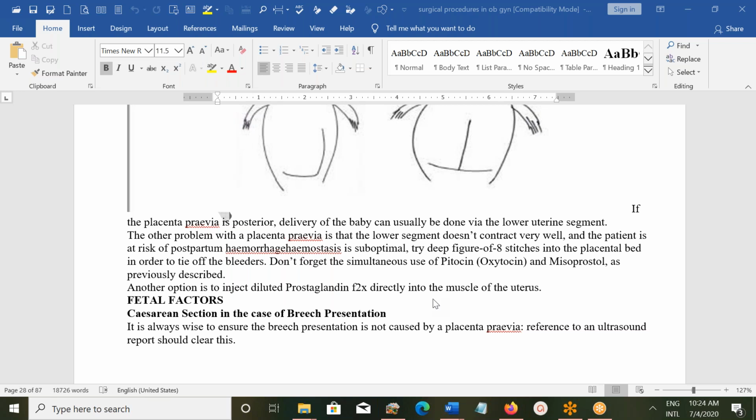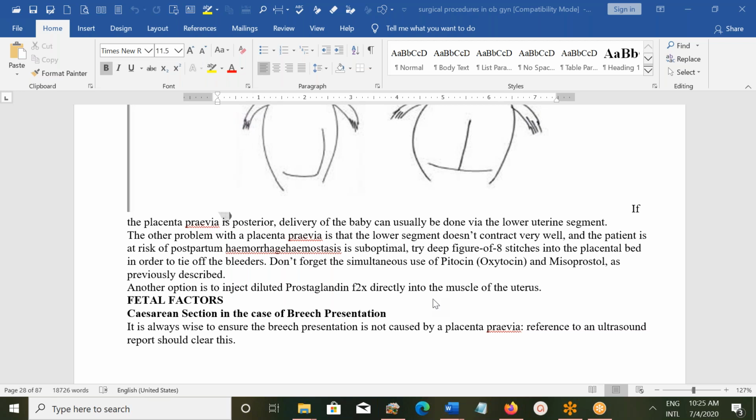Then when you are trying to restore the hemostasis, we can use deep figure of 8 stitches, because the blood vessels are running in different directions. The capillaries can run into the oblique muscles, vertical or horizontal. So figure of 8 is going to compress the blood vessels, so we have to tie off the bleeders.